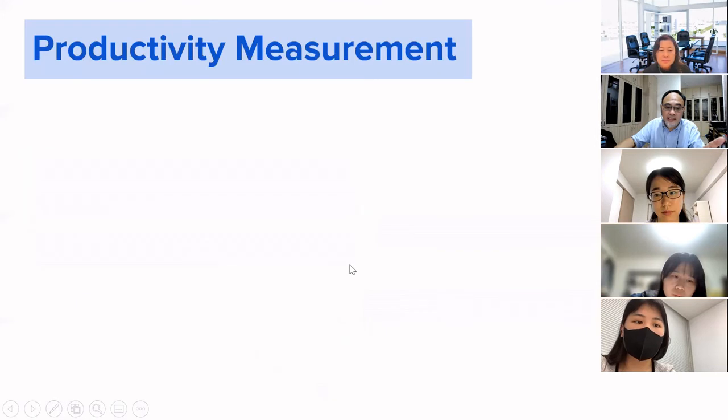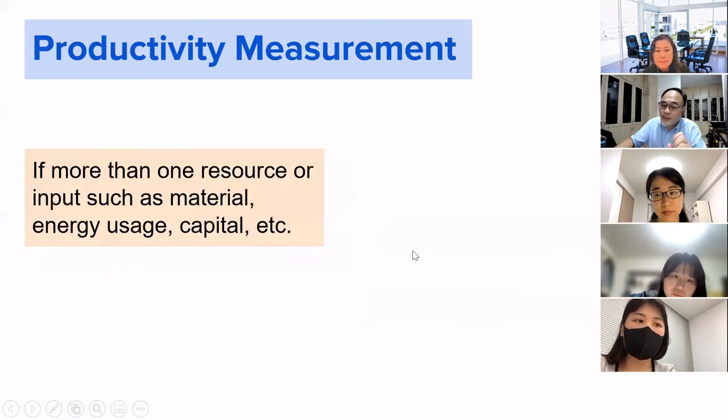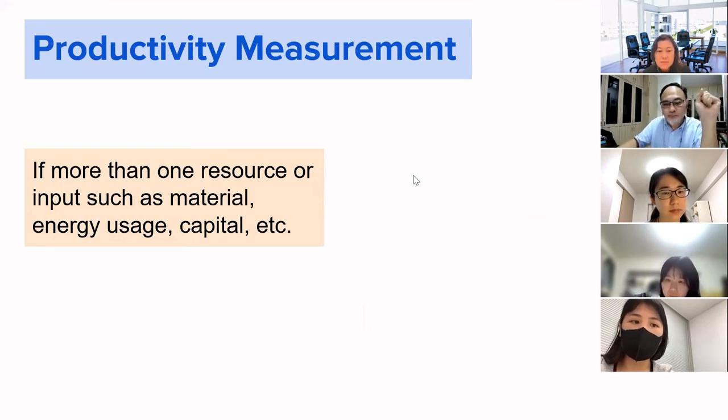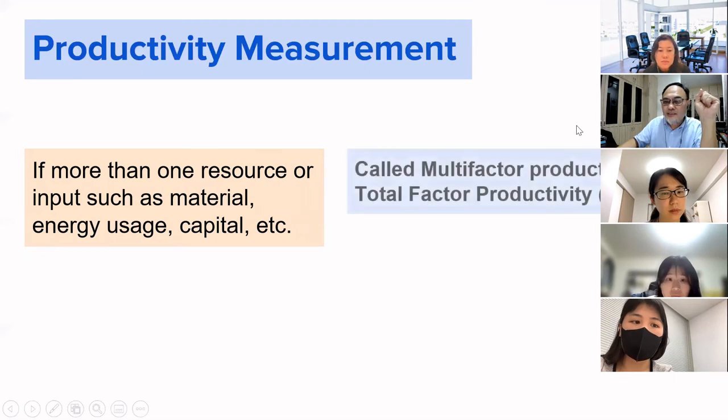So if there is more than one resource, what do you do? The formula is still the same, P equals output divided by input. There is a special name for more than one resource.